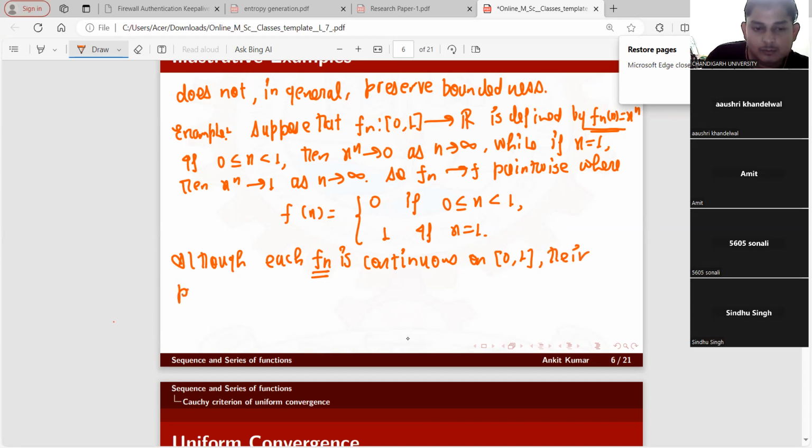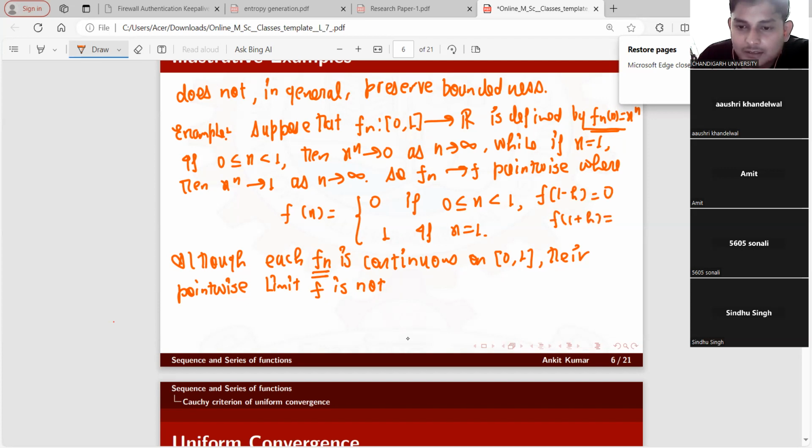Their pointwise limit f is not continuous, because this function is not continuous at 1. If we find the limit of f(x) at 1, then f of 1 minus h is 0 and f of 1 plus h is 1, and f of 1 is 1. So the function is not continuous at 1.